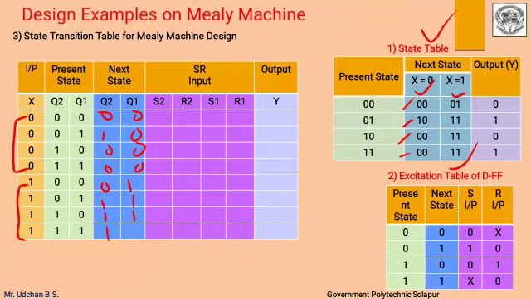Again write down the values of output for each state. For present state 00, the value of output is 0. For 01, the value of output is 1. For 10, the value of output is 0. And for 11, the value of output is 1. Similarly same states are repeated again. So again 01, 01. These are the values of output.